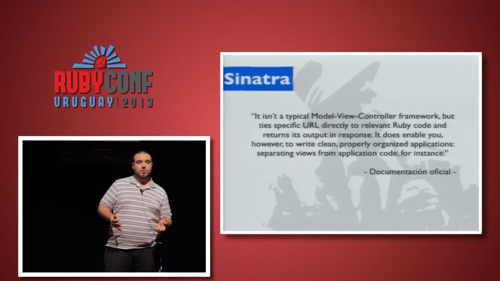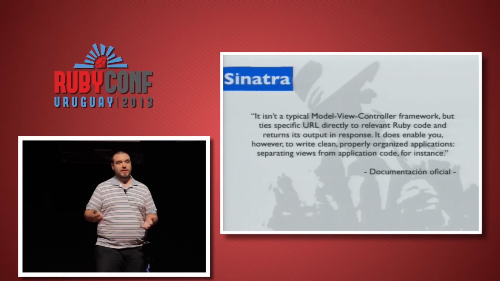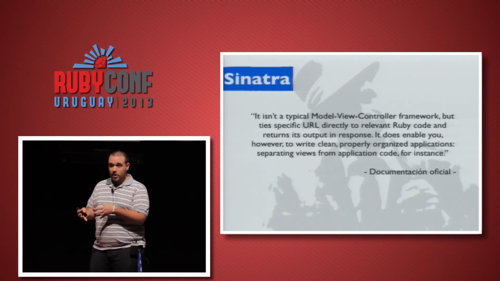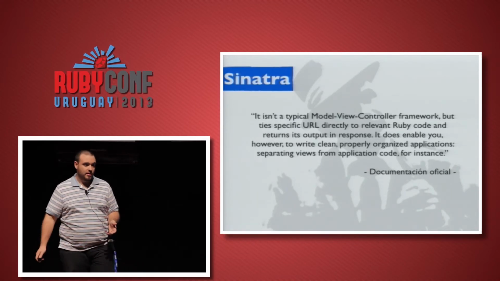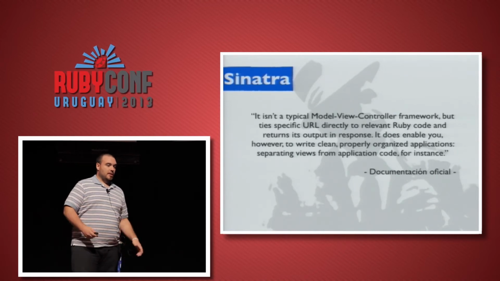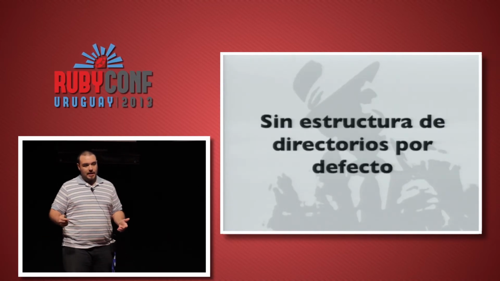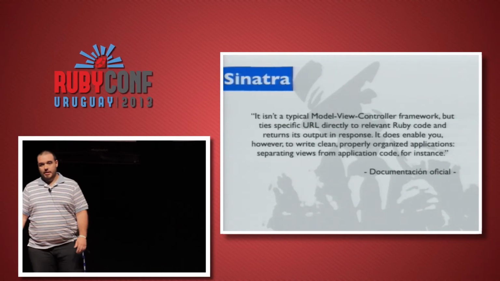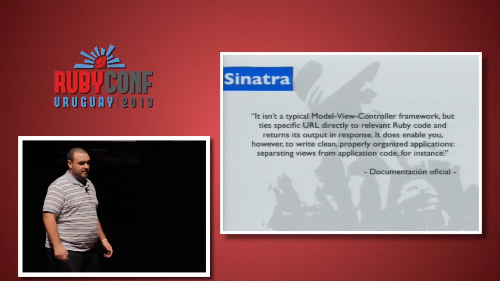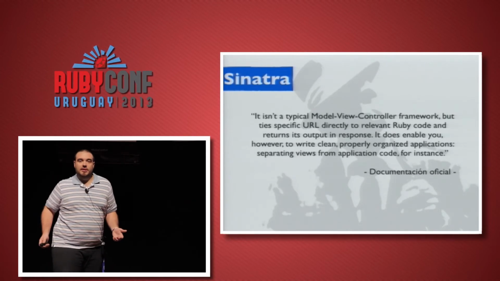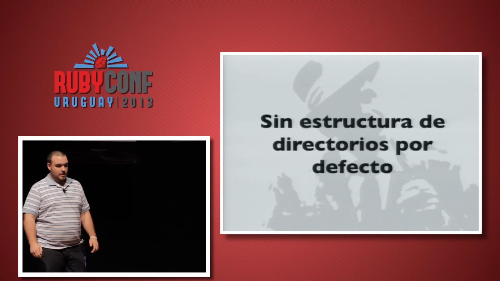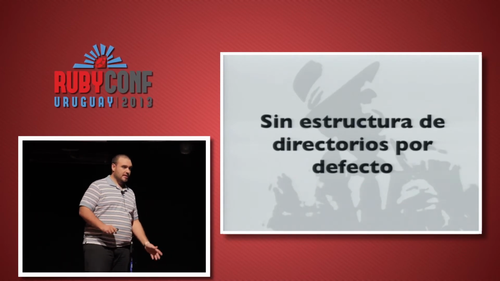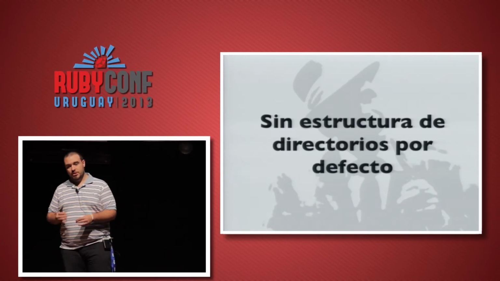The official documentation of Sinatra tells us that it isn't a typical model view controller framework, but that it ties a specific URL directly to a route and an HTTP verb. So most people think that Sinatra is not good because of that, and they don't dare use it because Sinatra doesn't have directory structure by default.